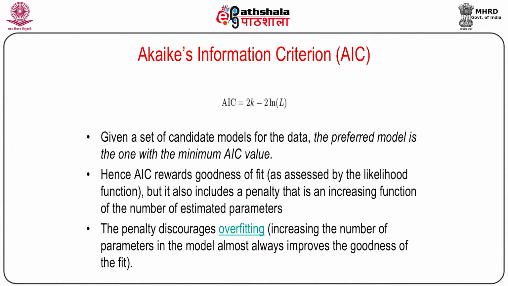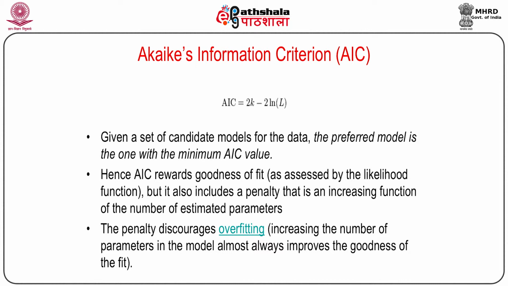Hence, the Akaike information criterion rewards goodness of fit as assessed by the likelihood function, but it also includes a penalty that is an increasing function of the number of estimated parameters.